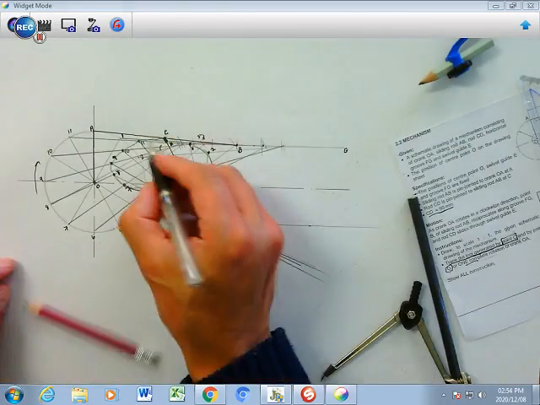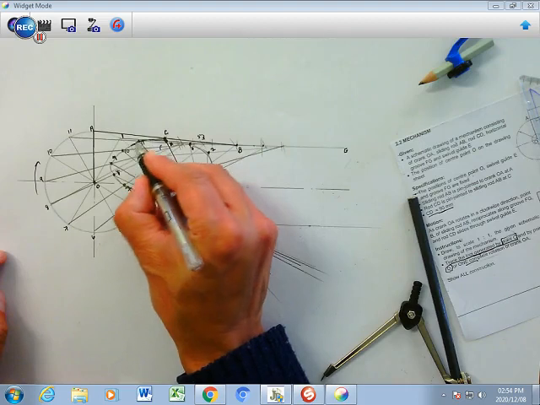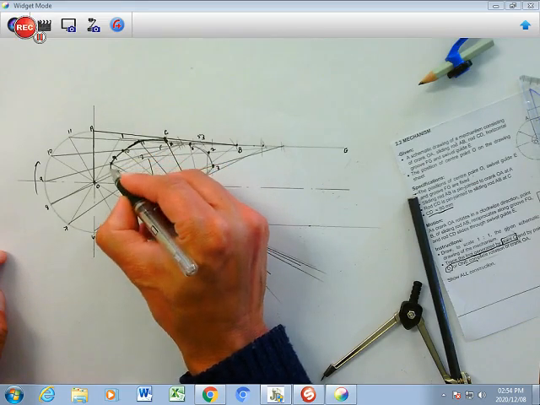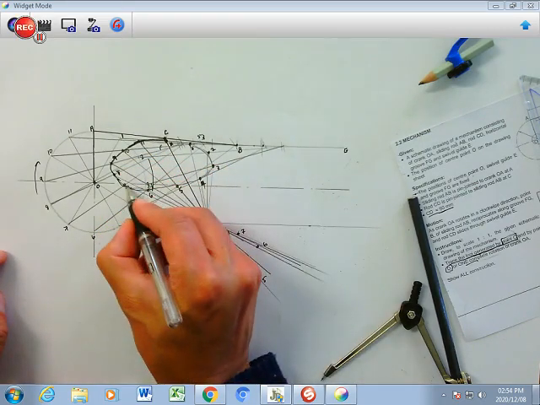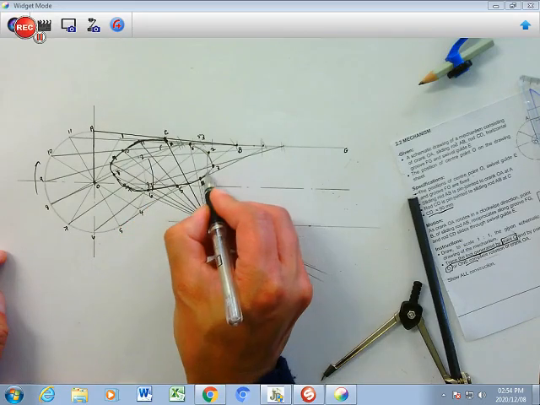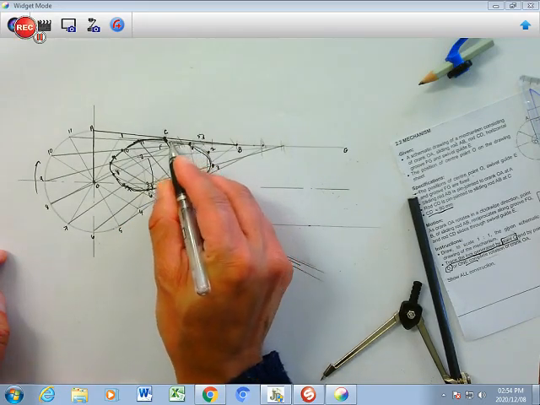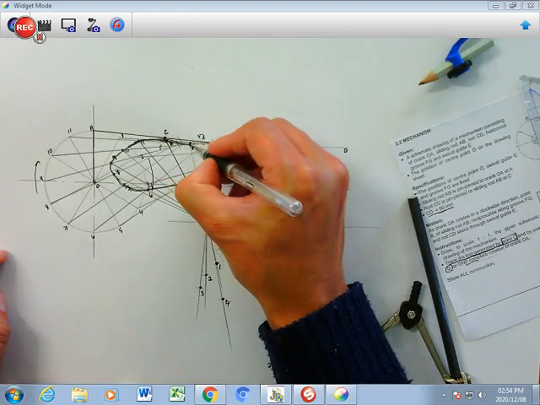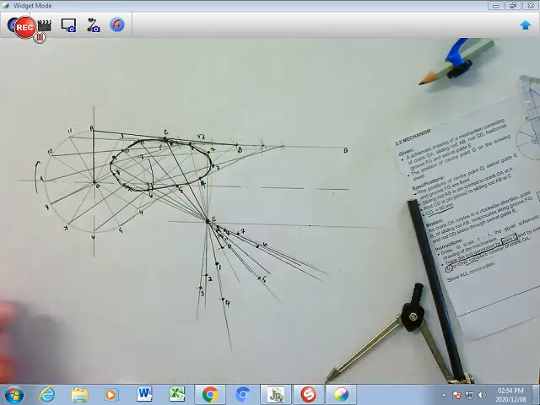So eventually you're going to have something like this, okay? Connecting all the points. We're not really worried about neatness now. Make sure that you have all the points.